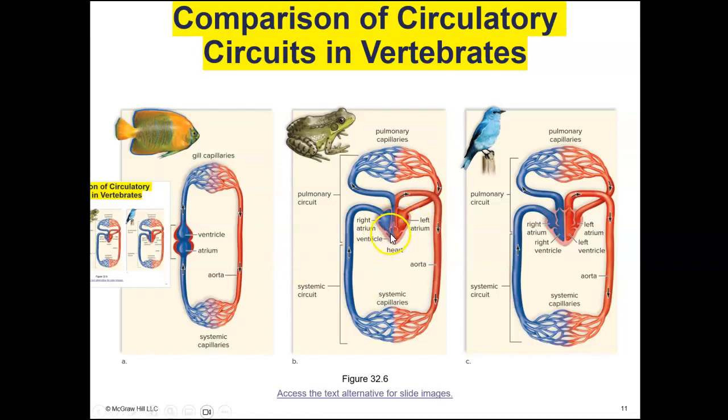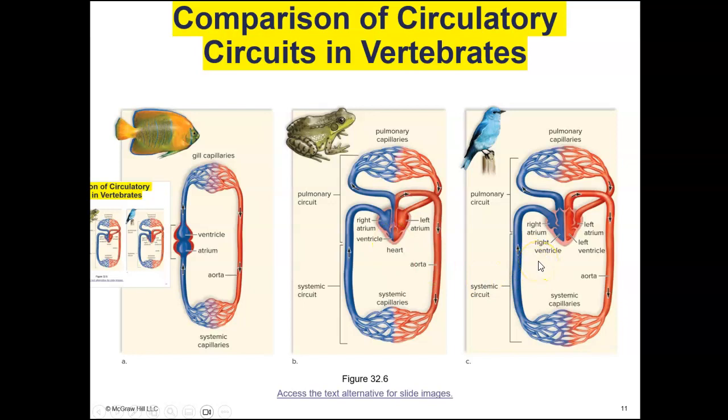So you have the ventricle that pumps blood to the lungs. And so that's the pulmonary circuit where it picks up oxygen. And it comes back to the left side of the heart, oxygen-rich. And then that same ventricle pumps blood to all of the body systems and tissues. And that blood comes back oxygen-poor to the right atrium. And all of that blood mixes in a single ventricle.